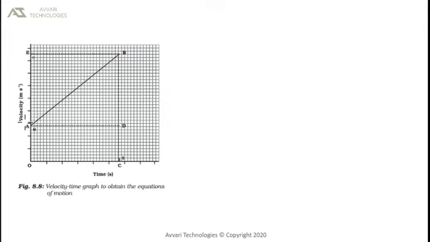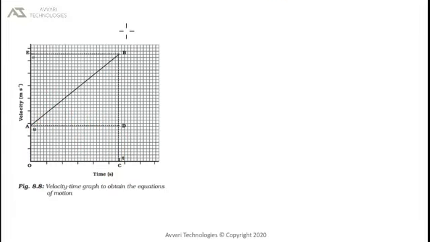We cannot directly find out the area for this graph, so we need to divide it into two parts, this part and this part. This is the area of a rectangle and this is the area of a triangle. Now let us calculate the area of the rectangle. So the distance travelled is the total area under this graph.